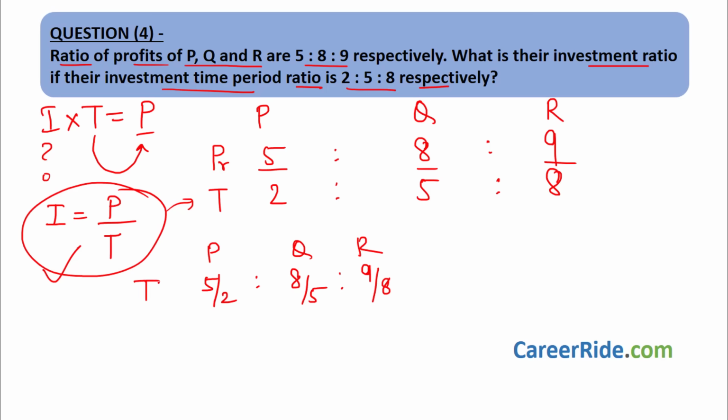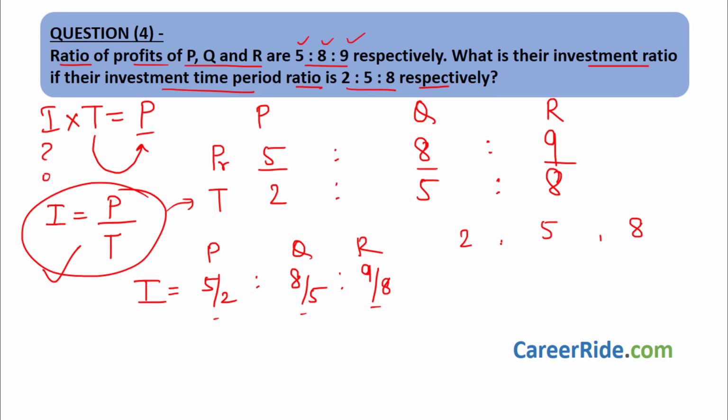This is nothing but the investment ratio which we want. But if you observe closely, investment ratio, profit ratio or time period ratio are proper integers or whole numbers. But over here we have fractions. So let's convert these fractions into proper whole numbers. How to do that? Here in the denominator we have 2, 5 and 8.